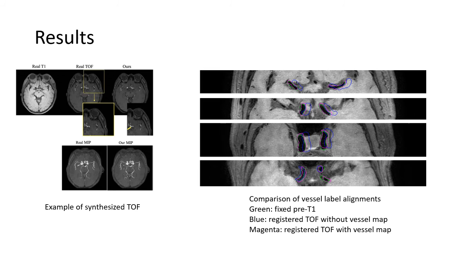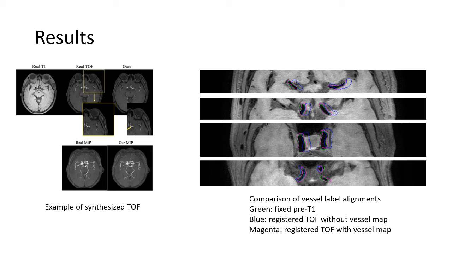To look at the results, the left image shows an example of our generated TOF from T1. We haven't yet quantitatively evaluated the TOF generation results. This validation and further optimization in training a better state-of-the-art neural network is future work.